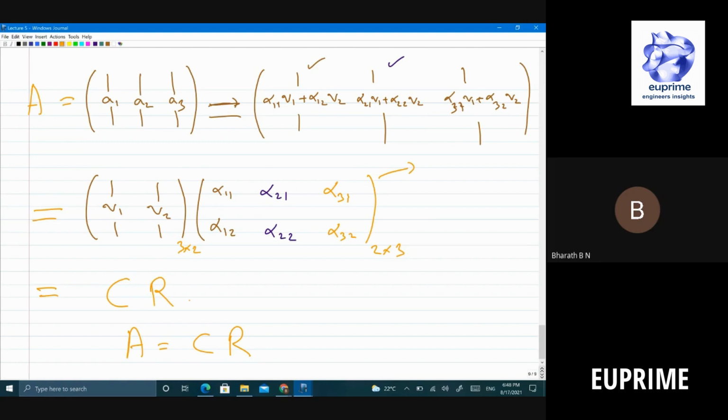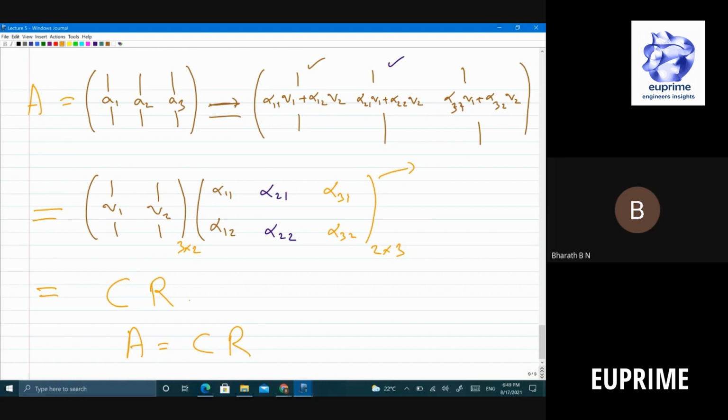So if the row rank of this R is 2, what can you say about the row rank of A? Can somebody think of it? What can you say about the row rank of A? It's the number of linearly independent rows, right?